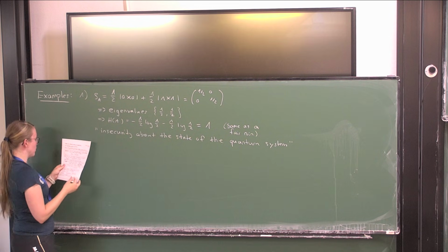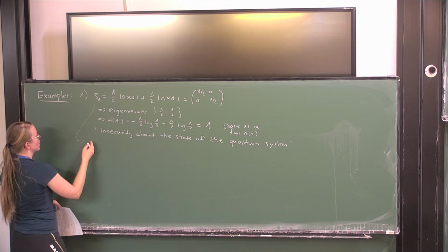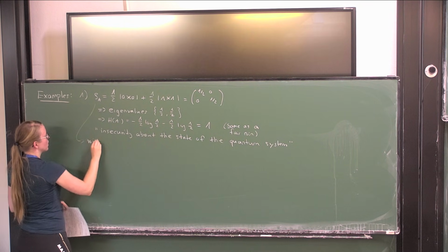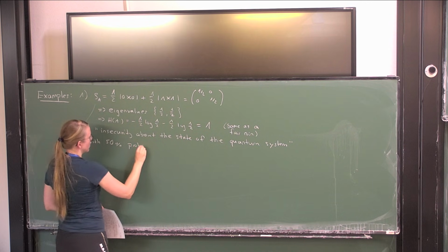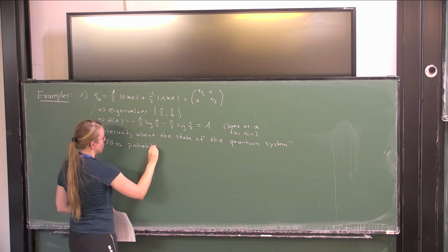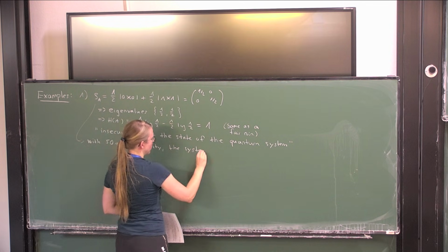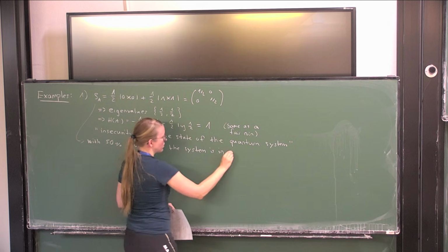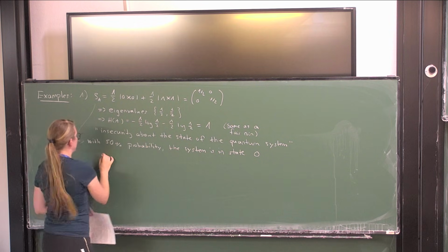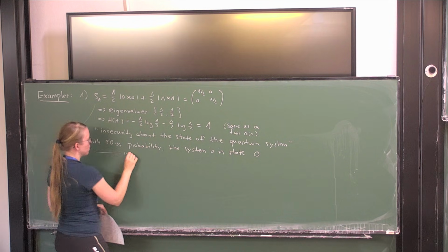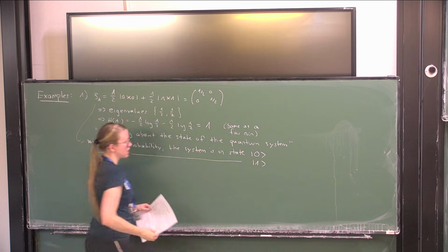But this is different for a superposition. This one means with 50% probability the system is in state 0, and with 50% probability the system is in state 1.